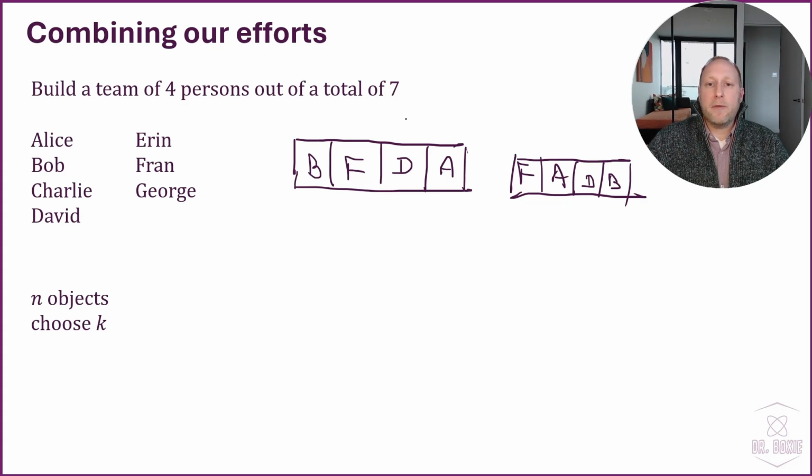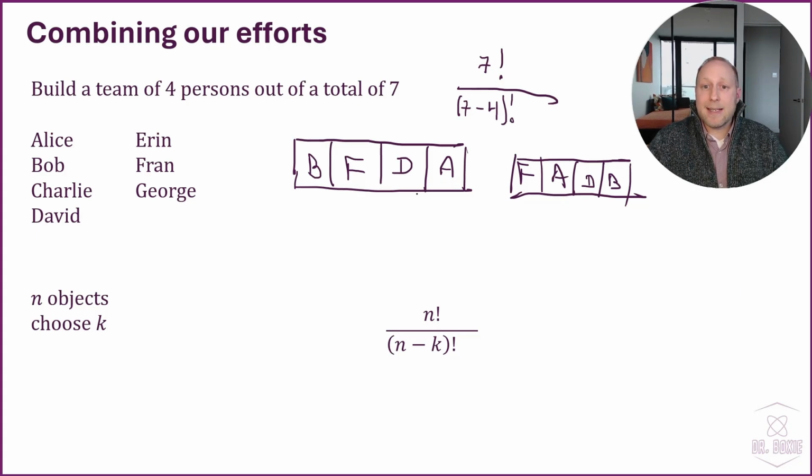So if we were to say that the order does matter, then we know what the answer is, namely n factorial over n minus k factorial, which in this case would mean it's 7 factorial over 7 minus 4 factorial. This would be the answer if the order did matter. But in this case, the order doesn't matter.